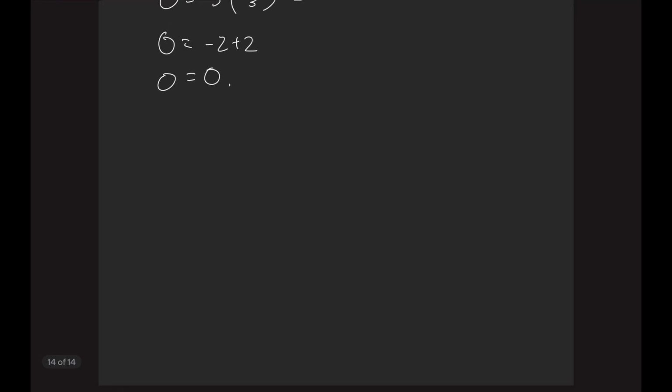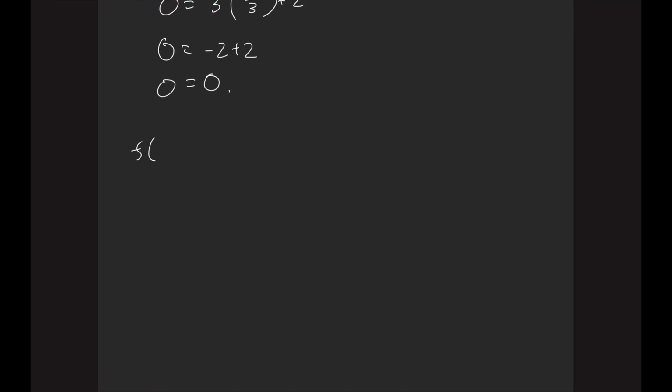Similarly, if we had a quadratic expression, let's just say f(x) is equal to x squared plus 3x minus 28. So first of all, we're going to set f(x) to 0. 0 equals x squared plus 3x minus 28. Now, on inspection, we can't really tell what x values are going to make this statement true.